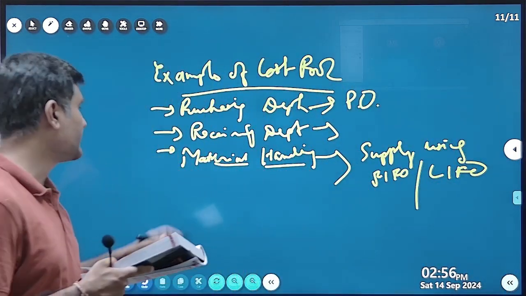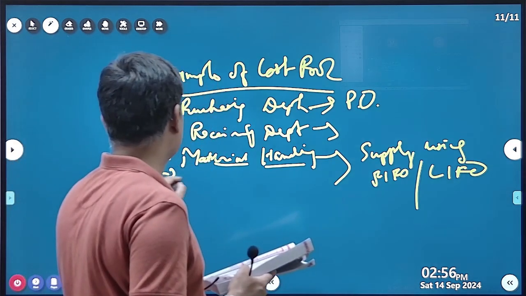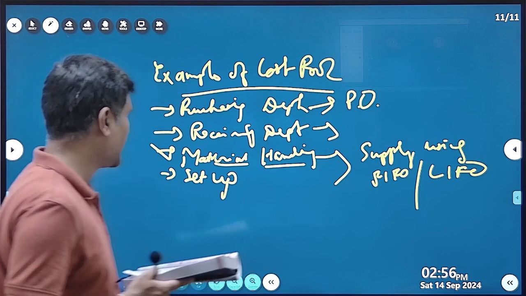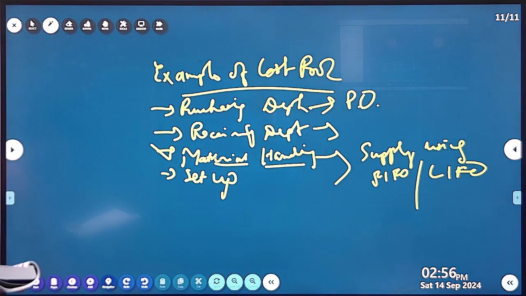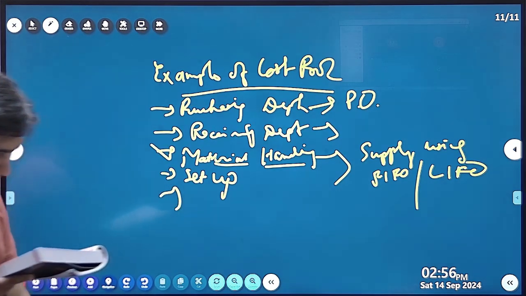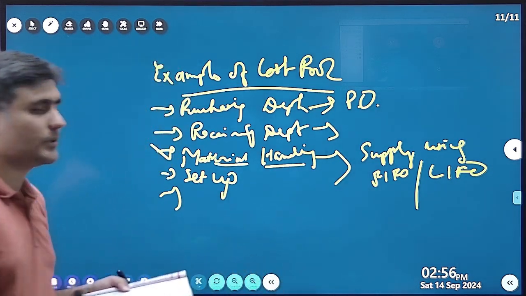So they will use these methods and give you the materials. Setup, the machine setup will be another type of cost pool. Inspection and quality control, then research and development, customer service, production control. So these are few examples of cost pool.